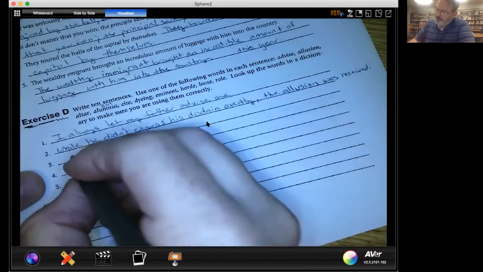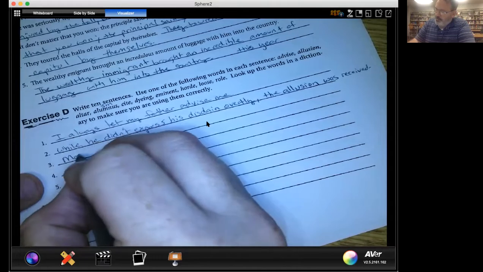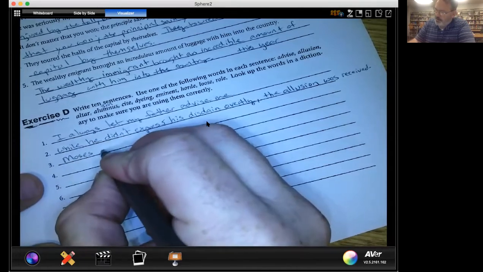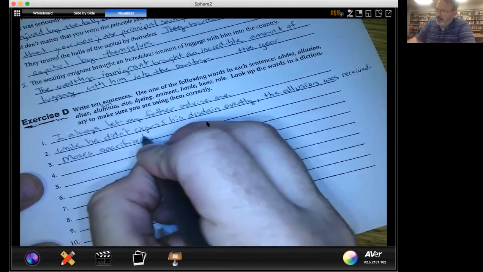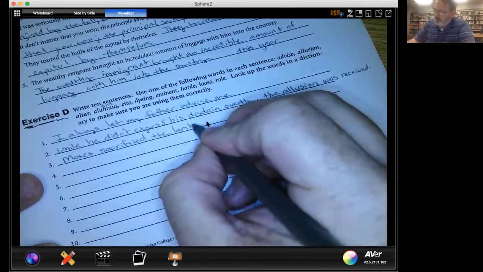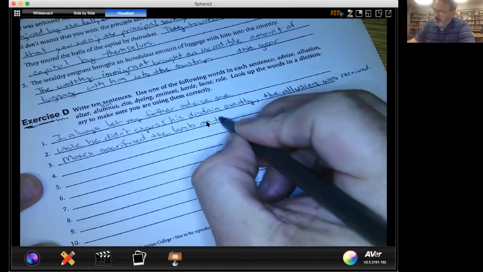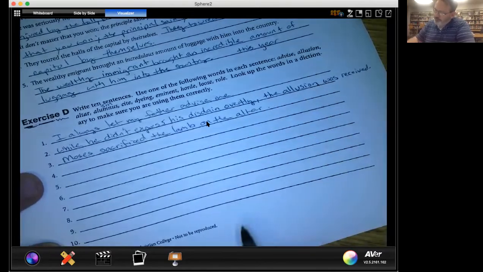Altar. Moses sacrificed the lamb on the altar. Alumnus, remember that's a single male.